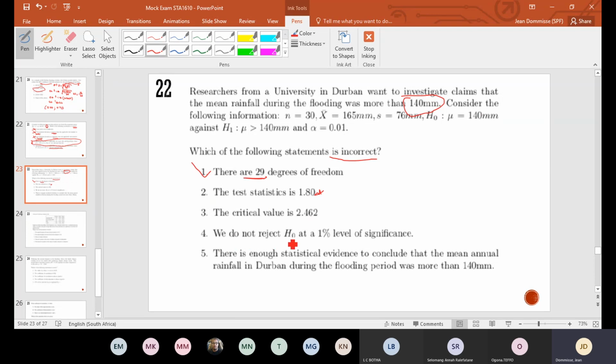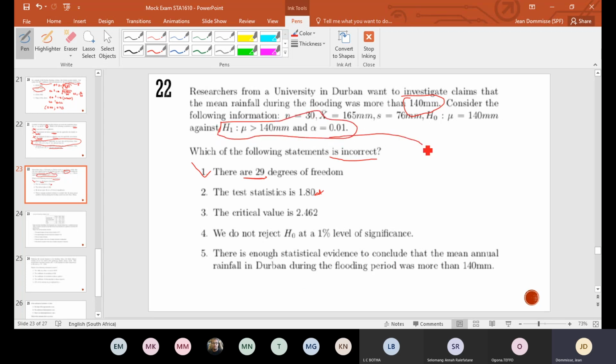We do not reject H0 at a 1% level. There is enough statistical evidence to conclude that the mean annual rainfall in Durban during the flooding period was more than 140. Okay, so we're basically accepting that.